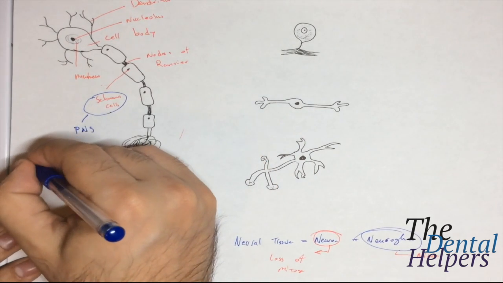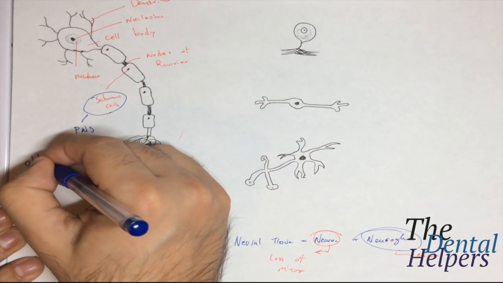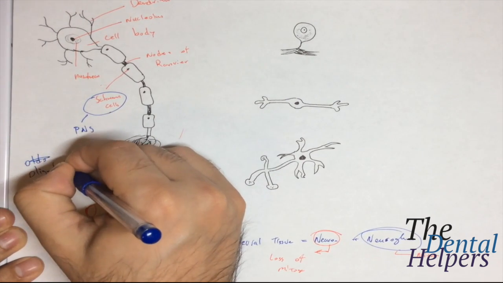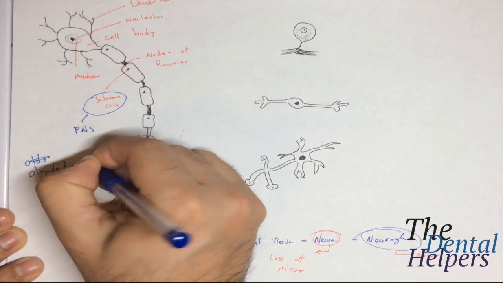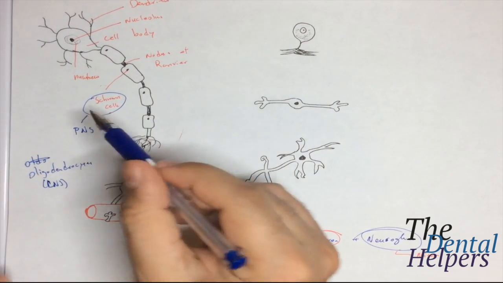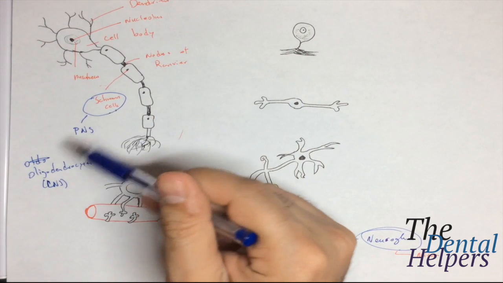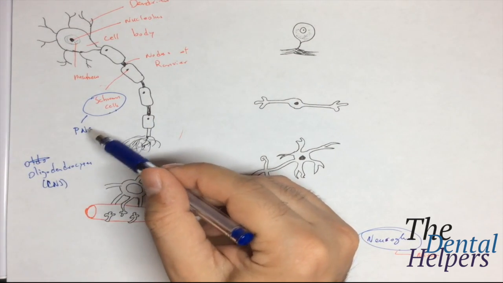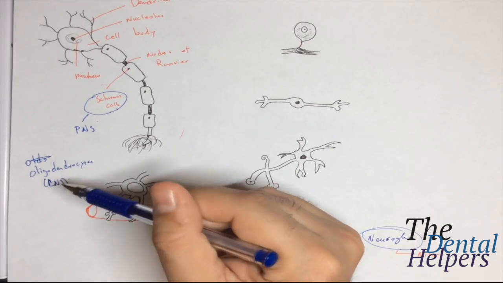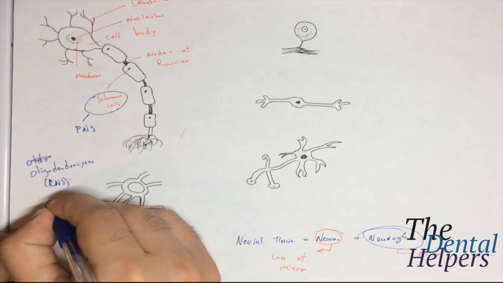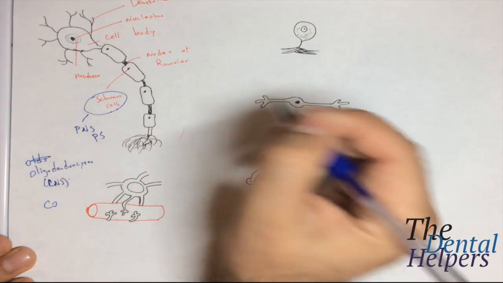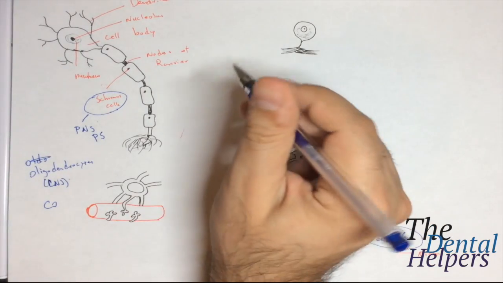Now, oligodendrocytes, they're what's found in the CNS, on the other hand. So just keep in mind that the myelinated version of the neurons that are found in the CNS and PNS have different names. CNS is the oligodendrocytes, which I remembered as CO, and Schwann cells, or PS, are in the PNS.